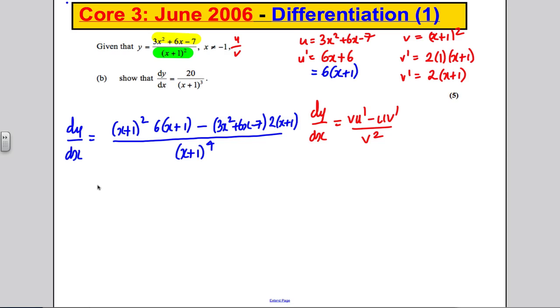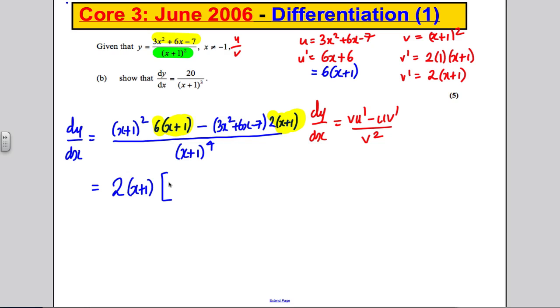Right, let's try and tidy up as best we can. Before we launch into timesing out here, think what factors could be factorised. What is in everything? An x plus 1 is in that factor and is in that factor. There's also a 2 in both of these. So it would be most sensible and help my life a hell of a lot if I factorised out a 2 and one of the x plus 1.